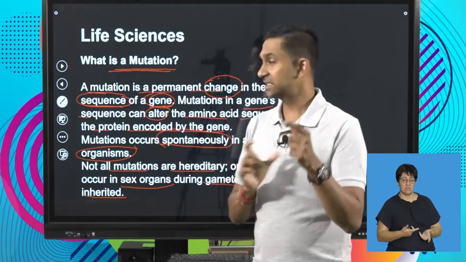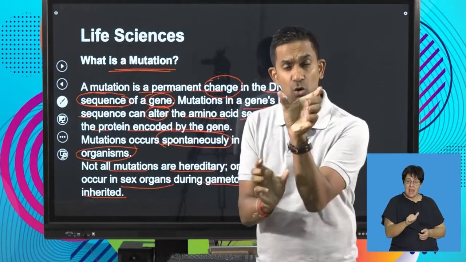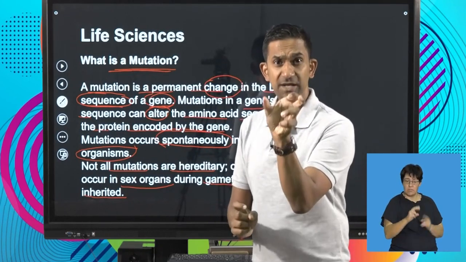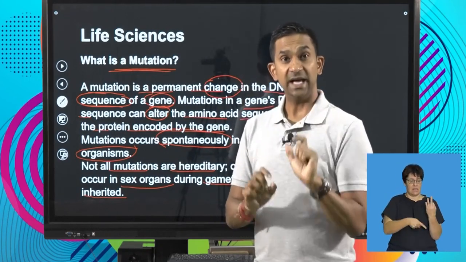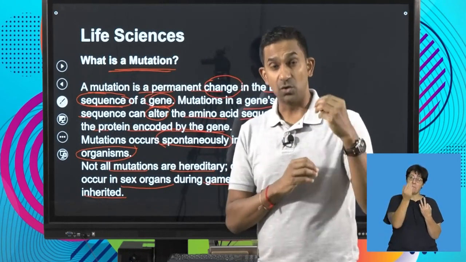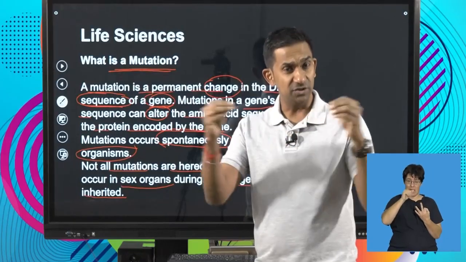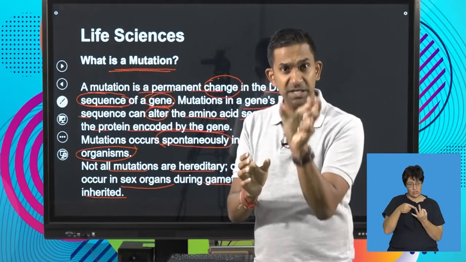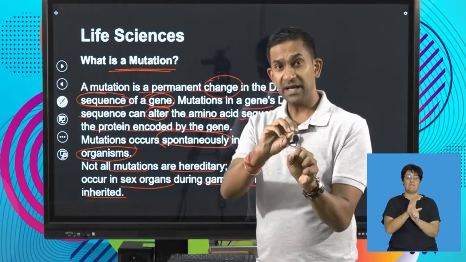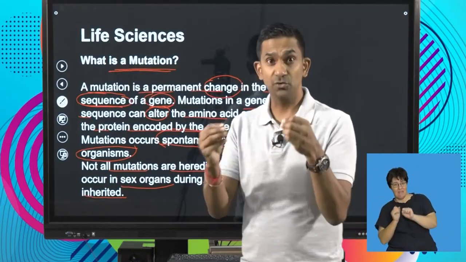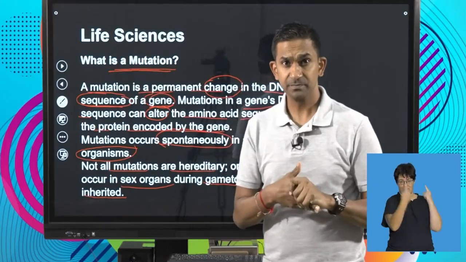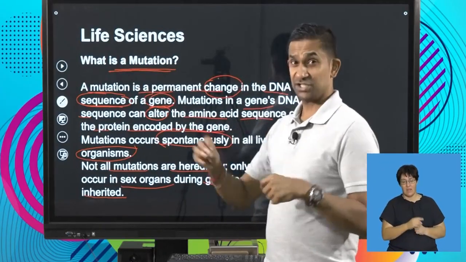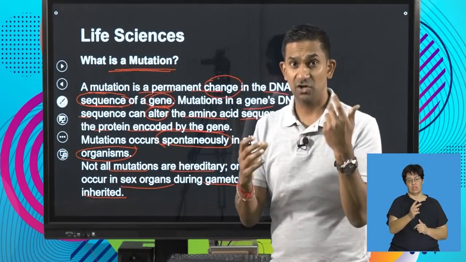And if you recollect, mRNAs contain codons, which are short 3 bases that code for an amino acid. So if there is a change in the nucleotide sequence of DNA, that could affect an amino acid sequence, and that in turn could have an effect on the protein that's being produced. And so we say that there's a change or an alteration of the genetic makeup.